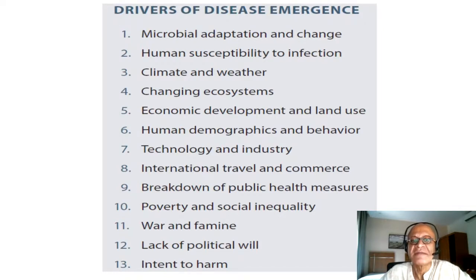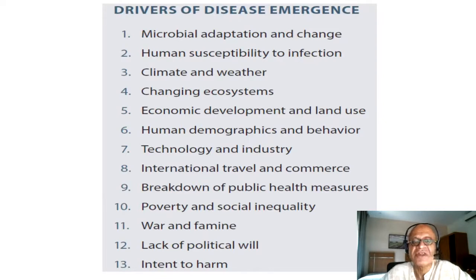Economic development and land use, so deforestation, conversion to agriculture, urbanization, those sorts of things matter. Human demographics and behavior, so forced migrations, climate-related migrations, El Nino-driven changes in demographics and so on contribute to the disease emergence. Technology and industry, of course, that can be in various ways: air quality, water quality, or just technology in terms of transportation, or technology in terms of medical treatments, access to care, and so on.